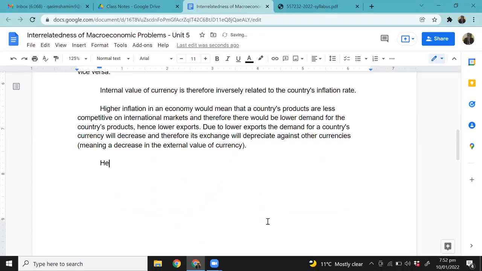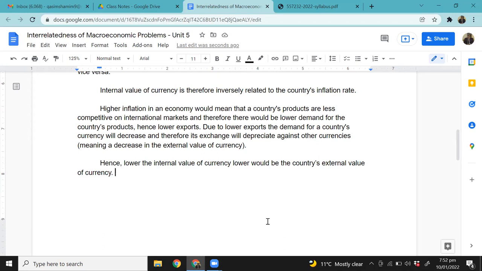Hence, internal value of currency and external value go together, right? Is it making sense? So higher inflation means your currency can buy fewer local goods, and therefore your products are also less competitive on international markets.